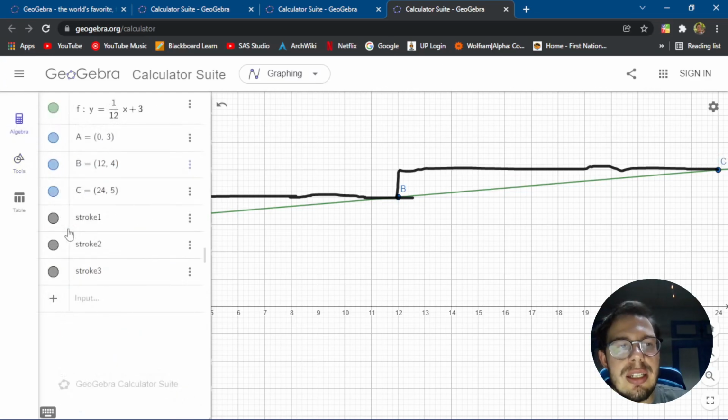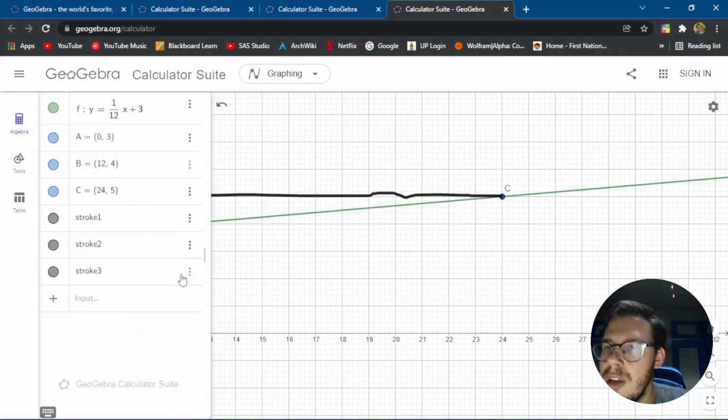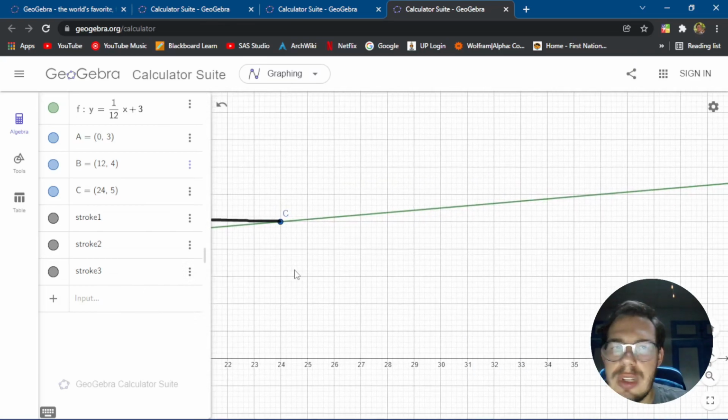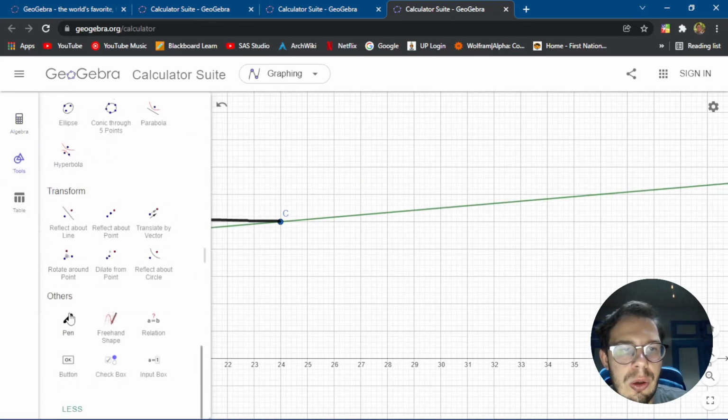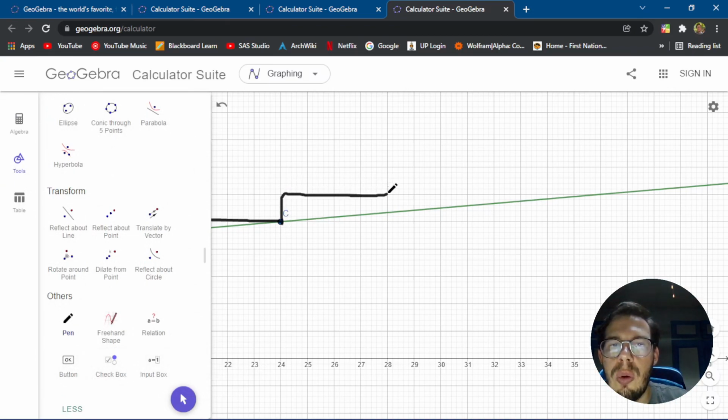And there you can see C is 24, 5. So you can even take it further. We can go 1 up and then 1, 2, 3, 4, 5, 6, 7, 8, 9, 10, 11, 12.